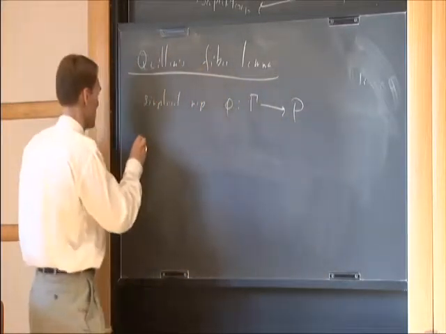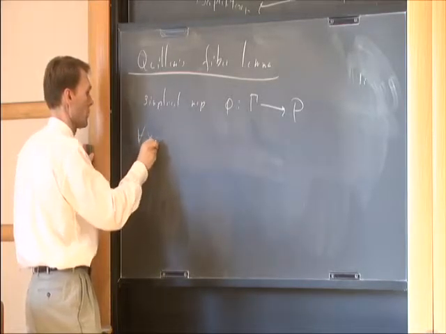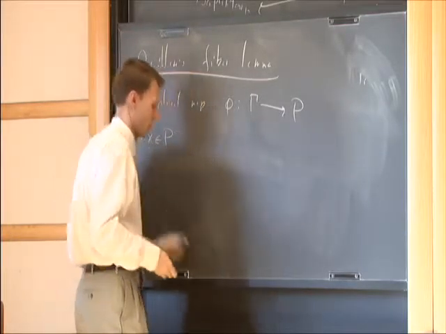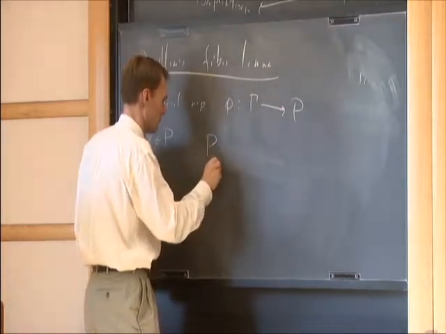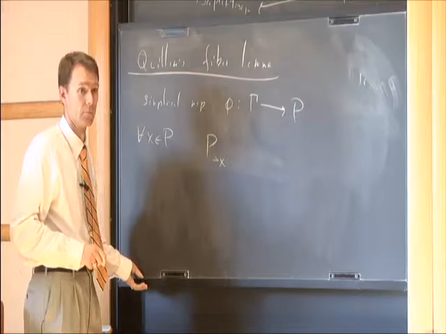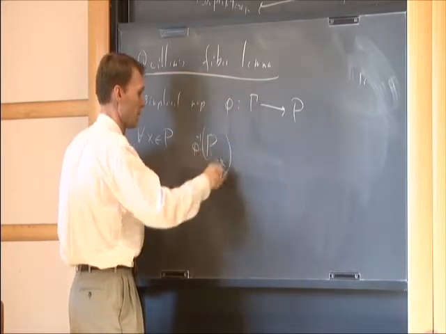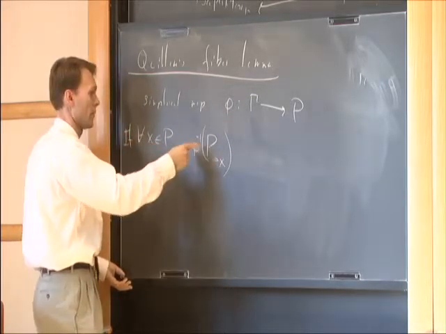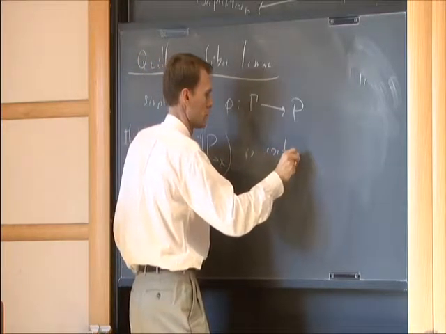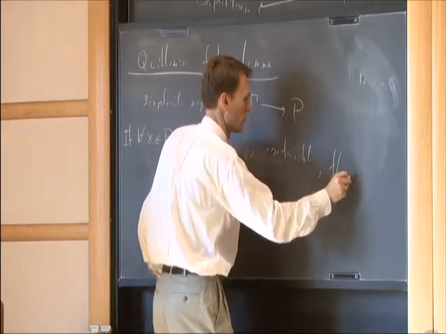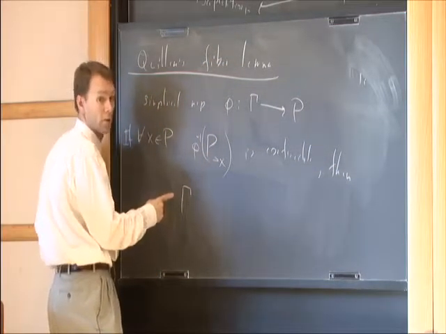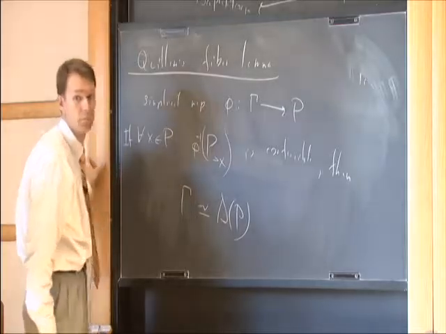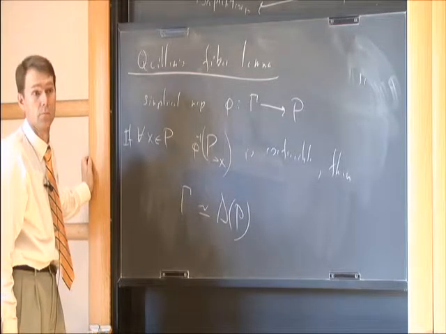and here comes the condition that for all poset elements x, if I look at everything greater than or equal to x, and I take the inverse image of this, if for all x this thing is contractible, then the simplicial complex gamma is homotopy equivalent to the order complex of the poset P. Quillen proved this.